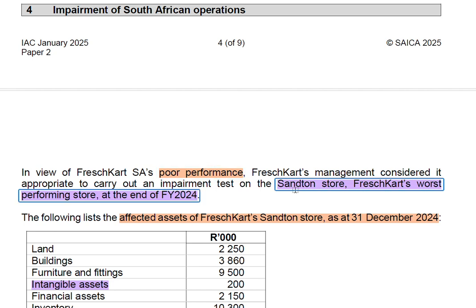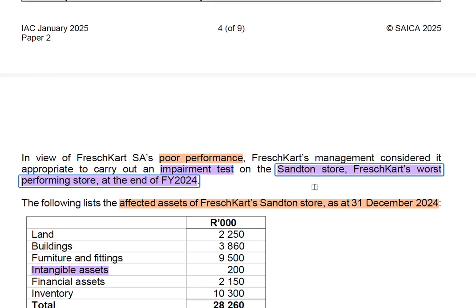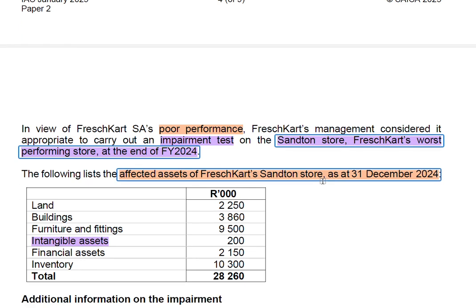It's actually the whole South Africa business that is performing poorly. However, the information that we are given to perform an impairment test is for the store in Johannesburg, Centene. We are told that it is the worst performing store.